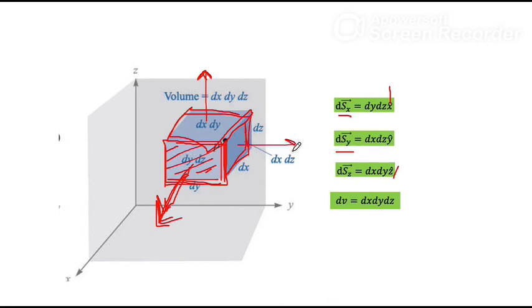These are the three surface elements or surface areas that you are going to see. This is the magnitude of the surface area, and this is the direction that would be perpendicular to the plane that contains these two elements. Here dy is the direction along the y axis, dz along the z axis, dx along the x axis, and dz along the z axis.